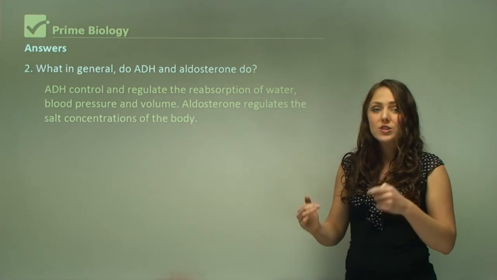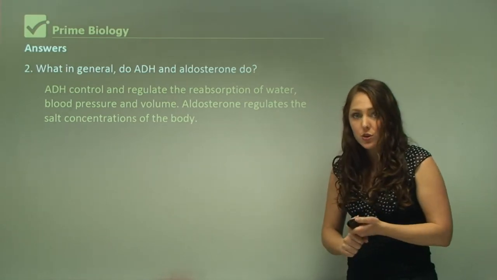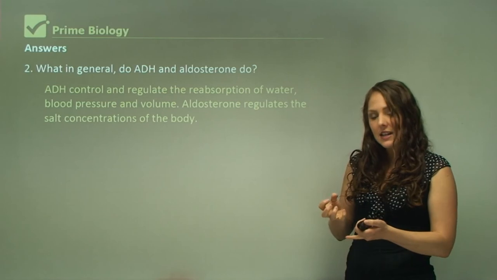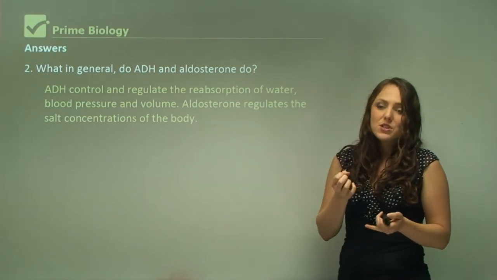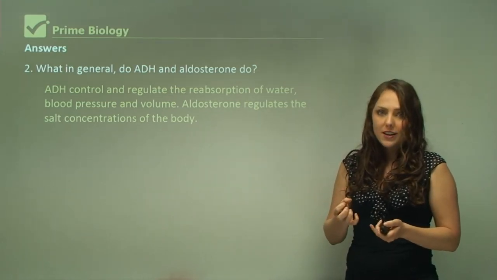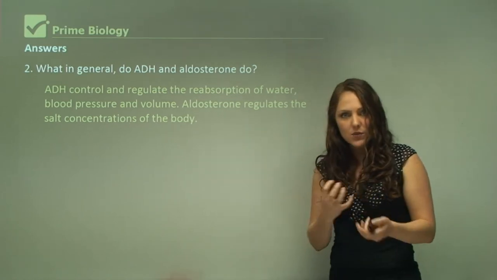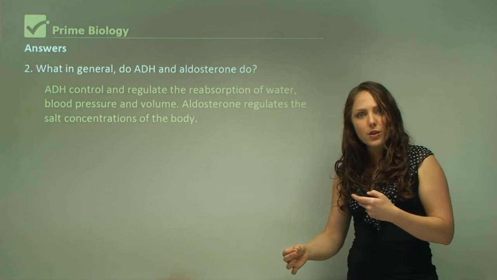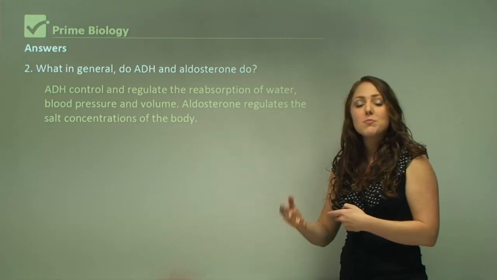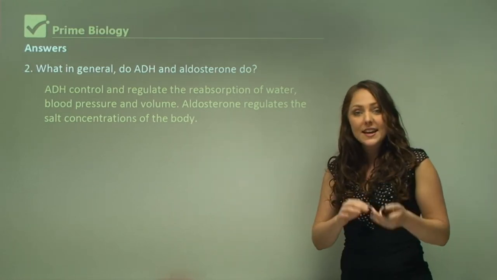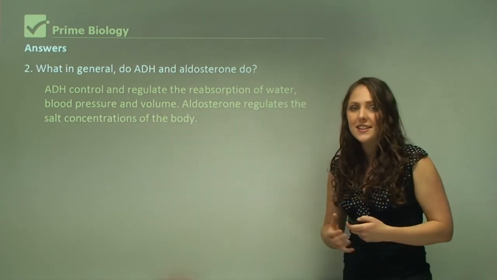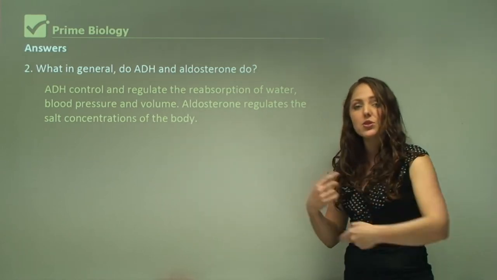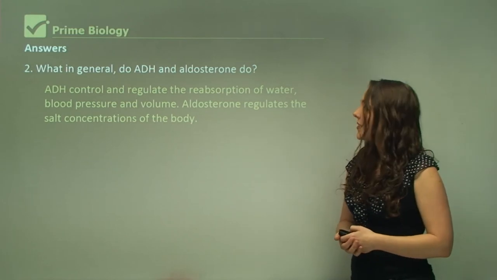Both of these work together because when your water levels are low, you might take in more salt, and the aim is to bring in more water from your urine. So the uptake of salt helps bring more water back in from your urine, and makes your urine more concentrated. People think that too much salt is bad for you. Yes, too much is, but you do need some salt in your body to be able to regulate water efficiently.